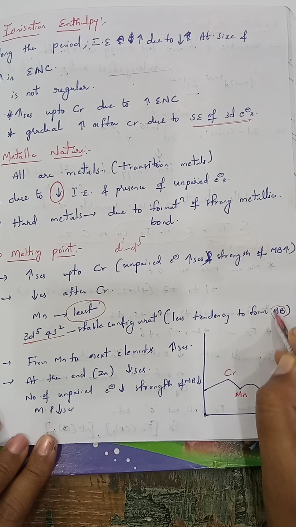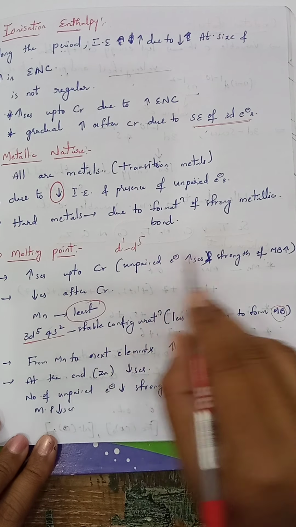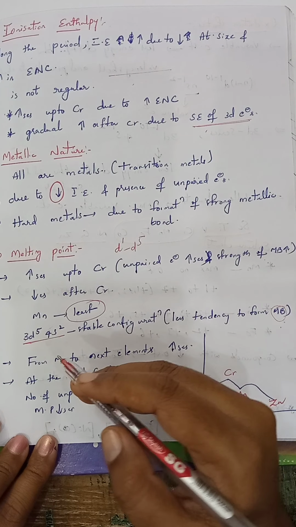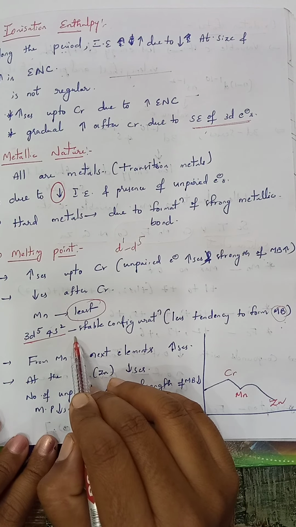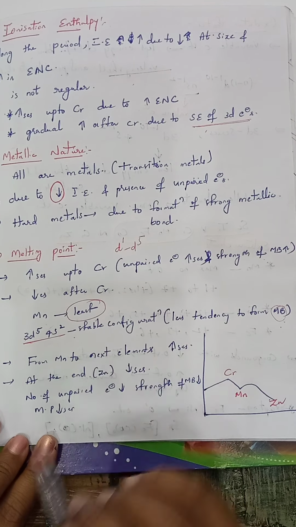To make a metallic bond, what does it require? Unpaired electrons. But all these unpaired electrons are not ready to participate in this bond, because to maintain the stability, they should exist in the same configuration. So manganese is the element which has the least melting point.